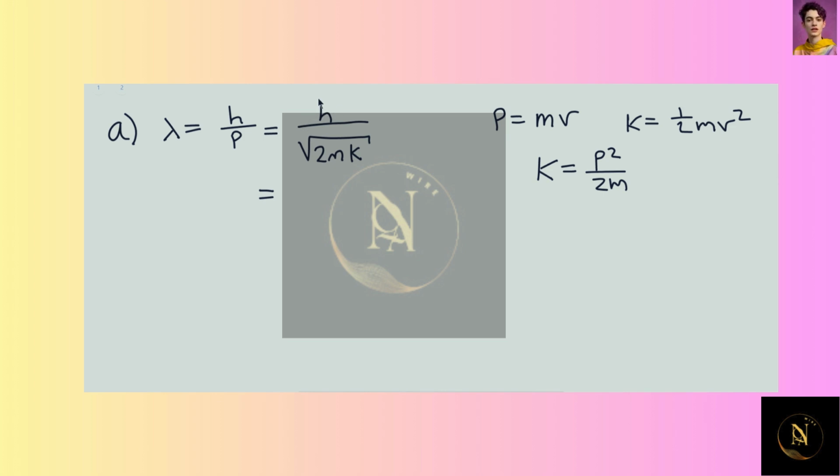This is just the regular Planck's constant, which is reduced Planck's constant times 2 pi. Plug everything in, we get a wavelength of 6.136 nanometers. And that's the first part.